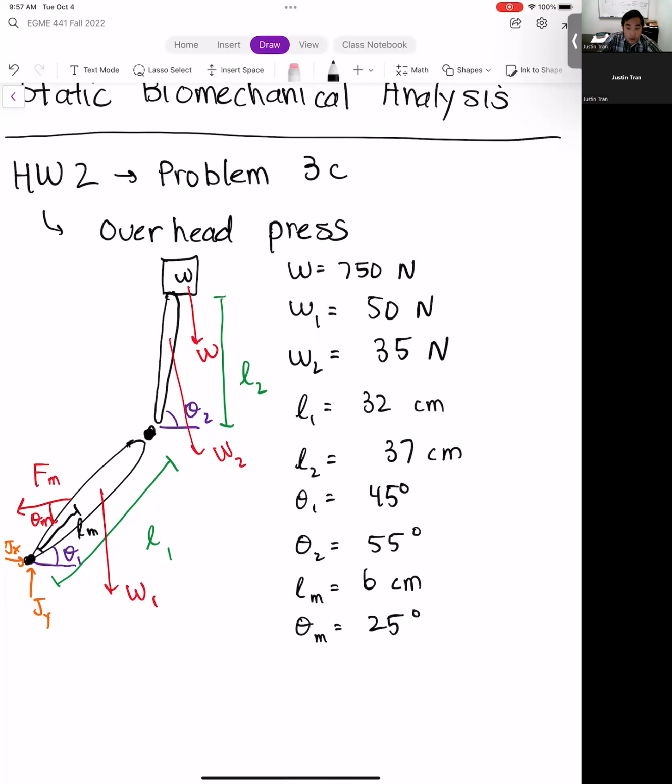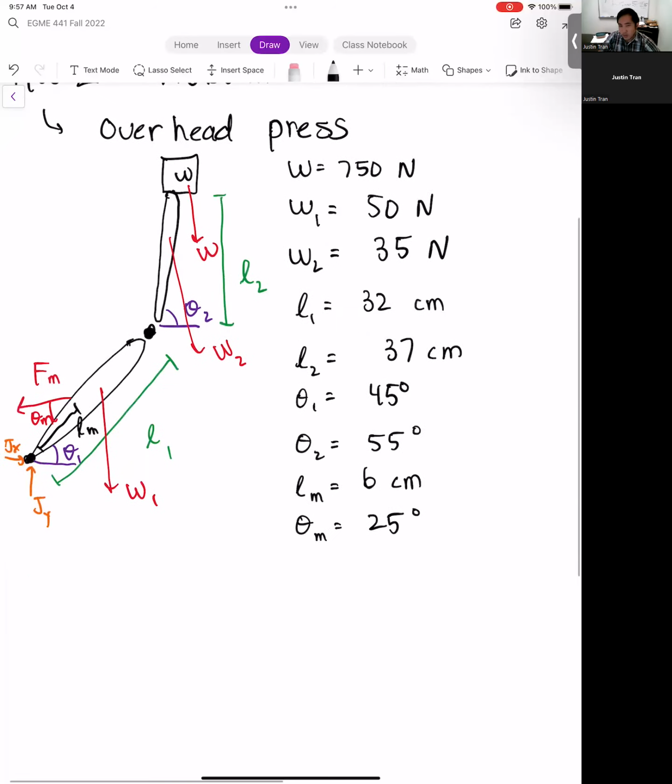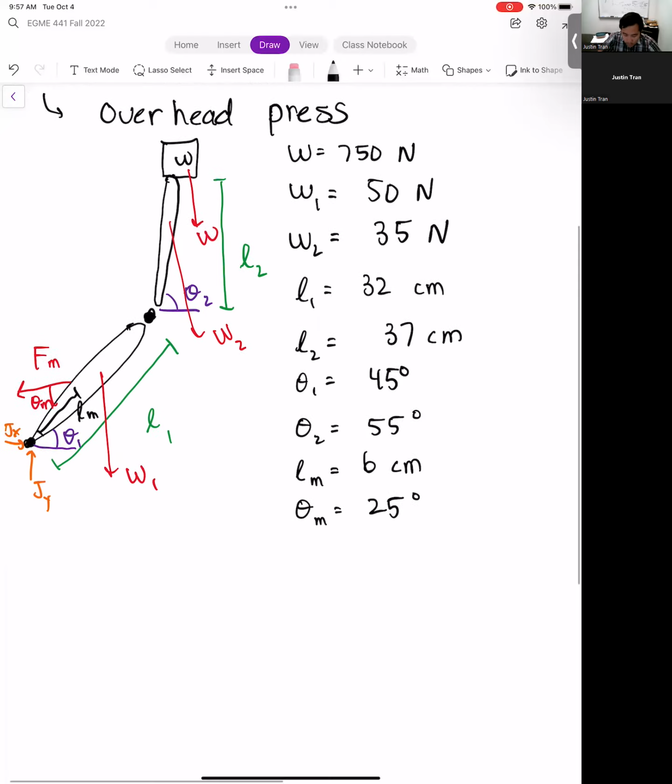Of course, you probably all know this at this point, but for a lot of these problems there are a lot of parameters going on, so it's important to stay organized about where to put the numbers. Especially in a problem like this, where you have several weights or forces, lots of lengths and a lot of angles.